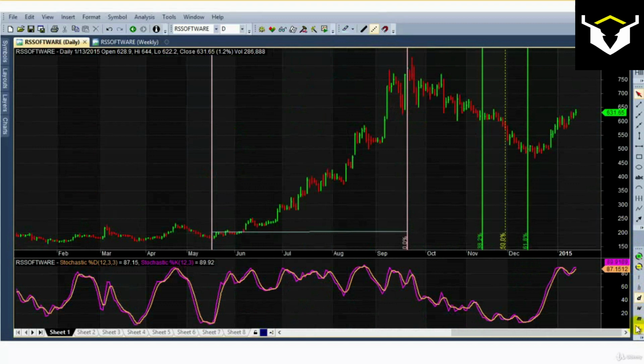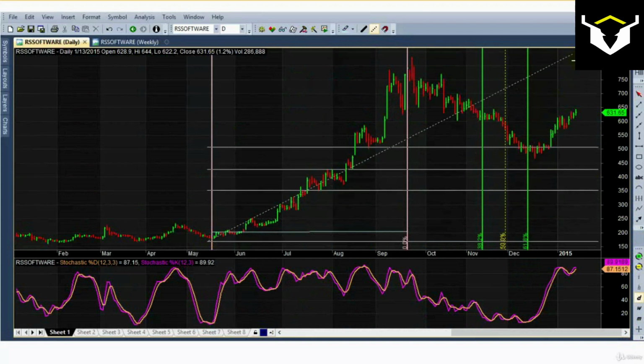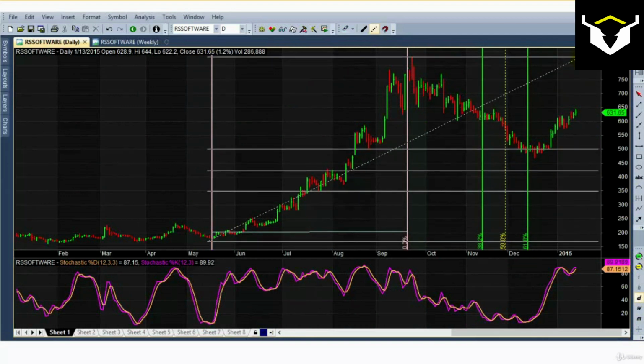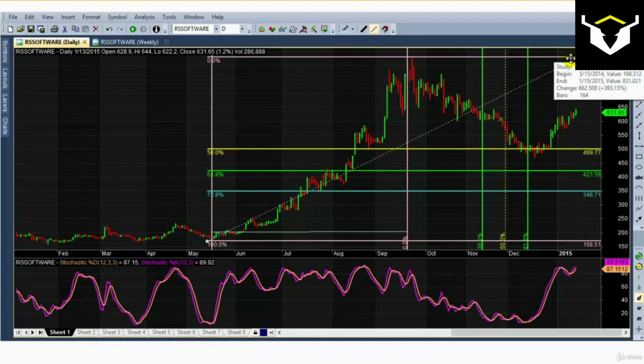Now combine this time retracement with our price retracement tool. What we'll do is use our price retracement tool to see at what price level the trend might terminate.